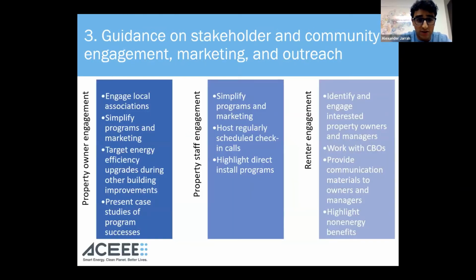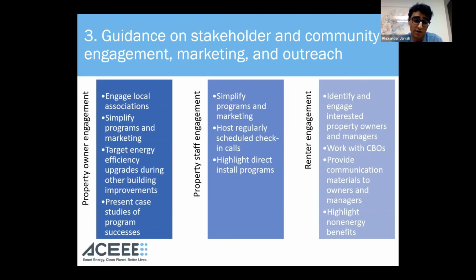The third section, guidance on stakeholder and community engagement. We provide guidance for 3 different audiences. The first would be property owner engagement. We highlight ways local governments can engage local property owner associations. We highlight how simplifying programs and marketing can result in higher participation in energy efficiency programs.